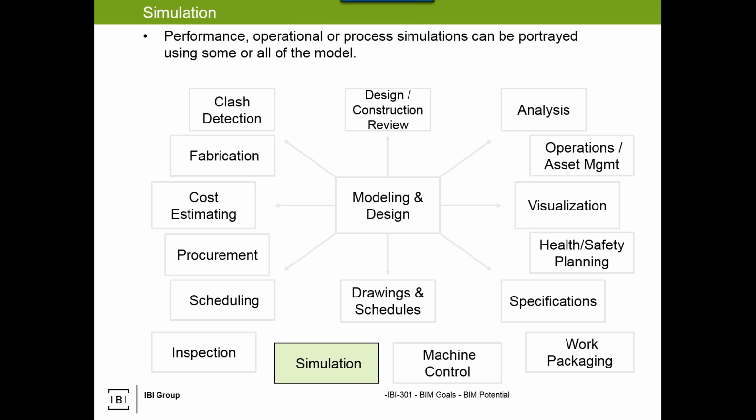Simulation, different from scheduling. Simulation is using the model to help show a process or a system within a model itself. One example that I've worked on in my history was a nuclear waste storage plant showing the emergency transfer of waste storage from tank A to tank B, for example.